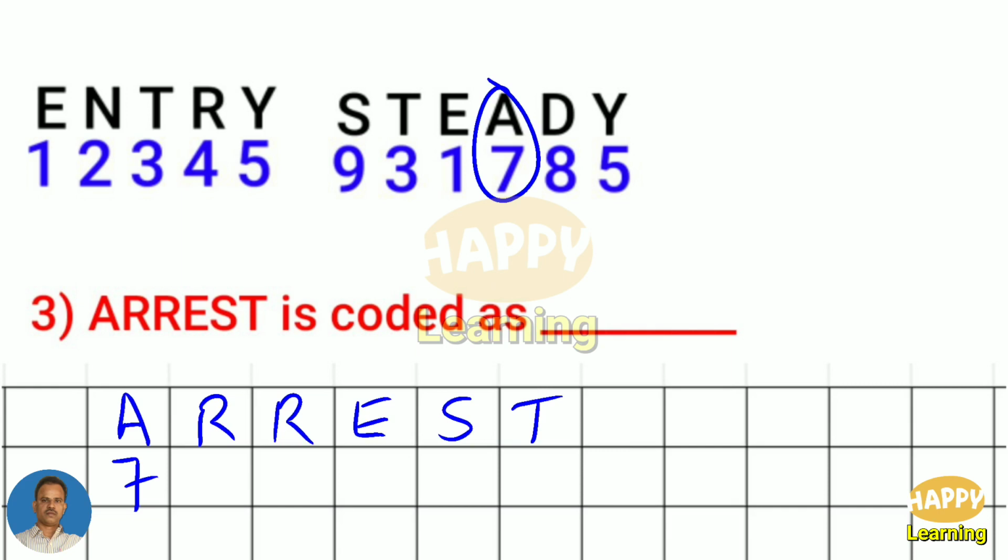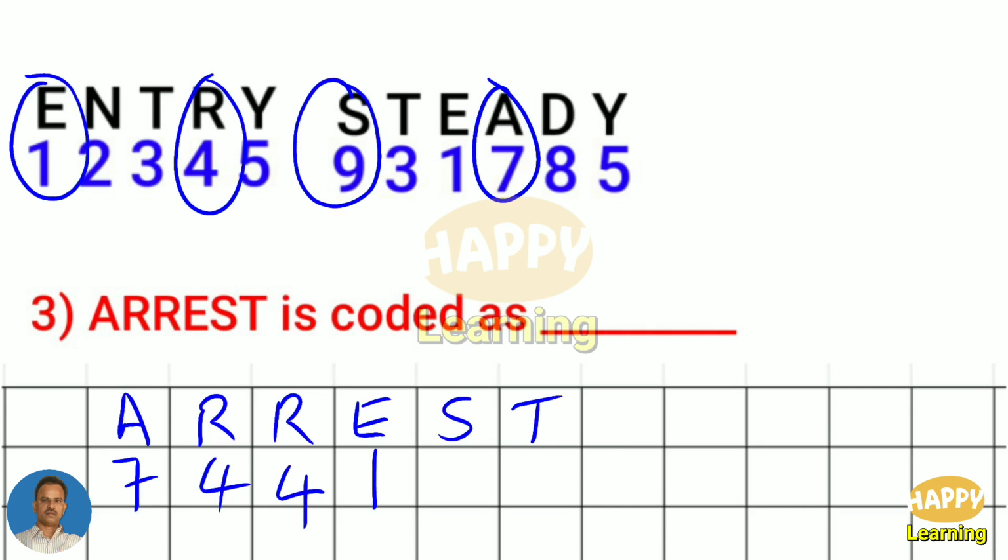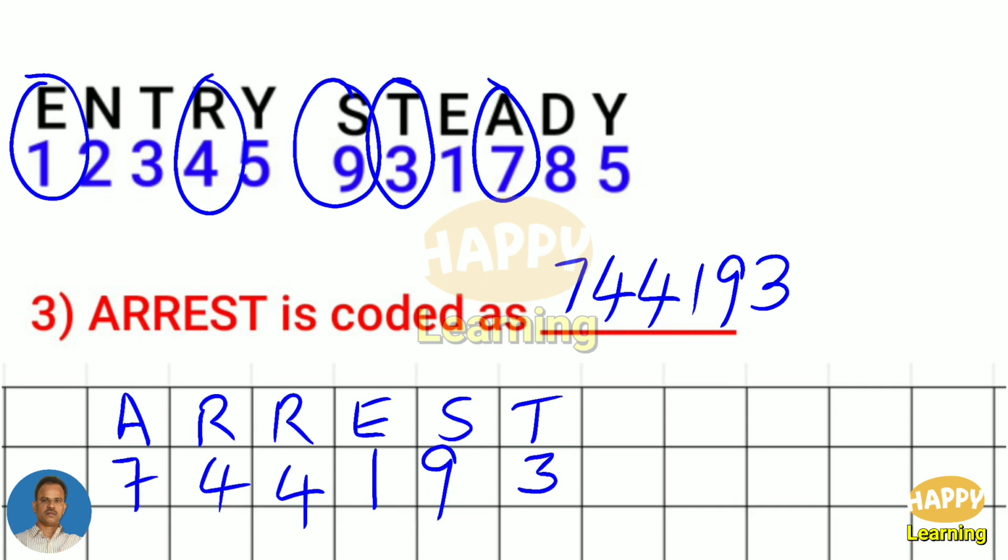R is coded as 4, so I'll write 4. Again it is 4. E is coded as 1, so it is 1. S is coded as 9, so it is 9. T is coded as 3, so it is 3. Therefore, the code for arrest is 744193.